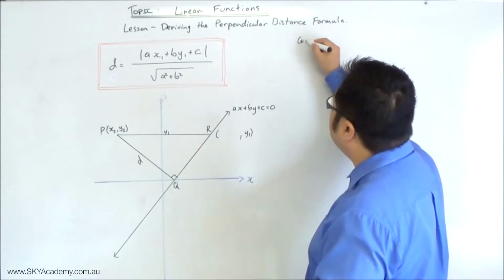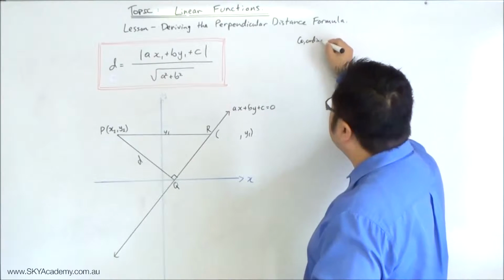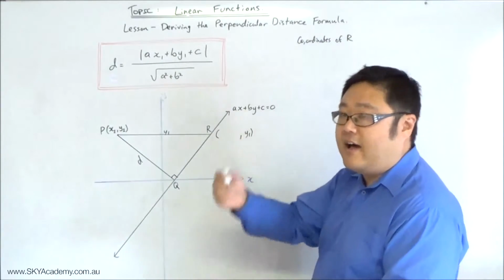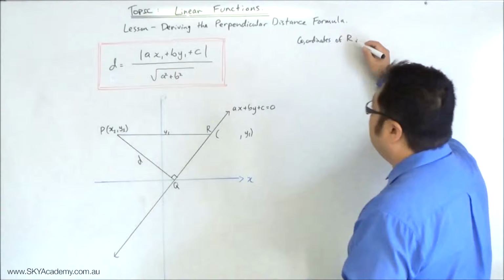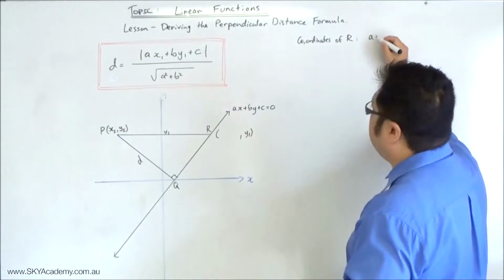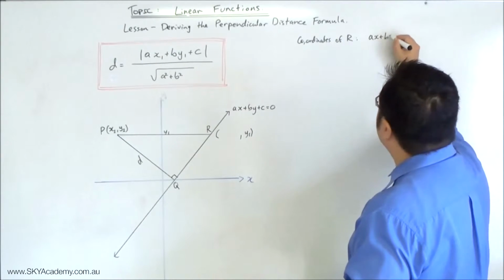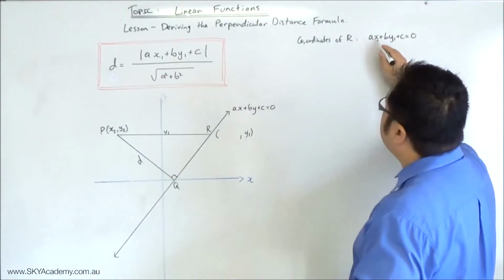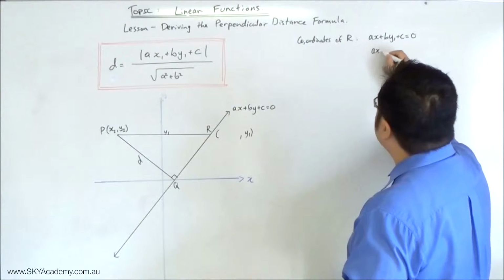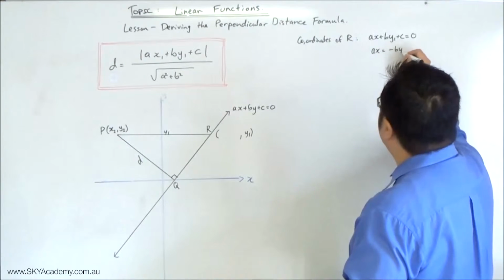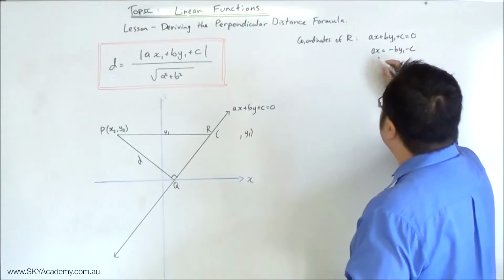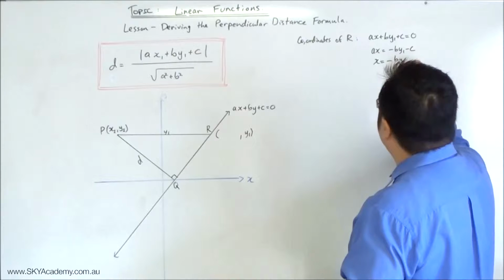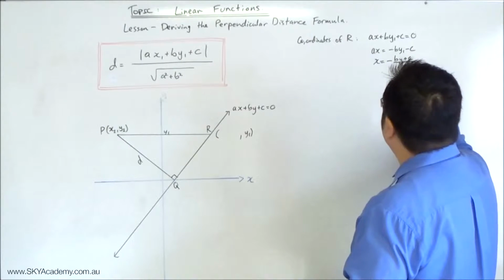So the coordinates of R are found by ax plus by1 plus c equals 0, and then we just want to make x the subject of the formula, so ax is equal to minus by1 minus c, so x is equal to minus (by1 plus c) all over a.